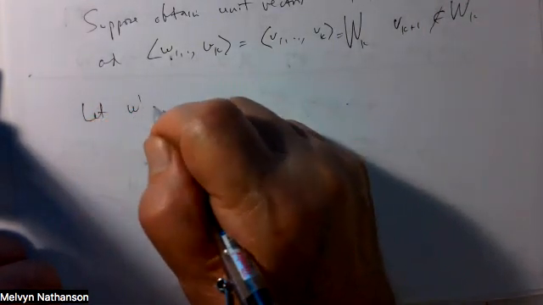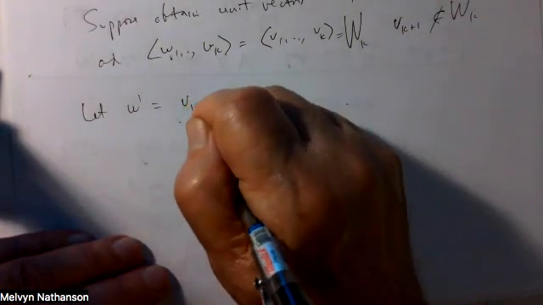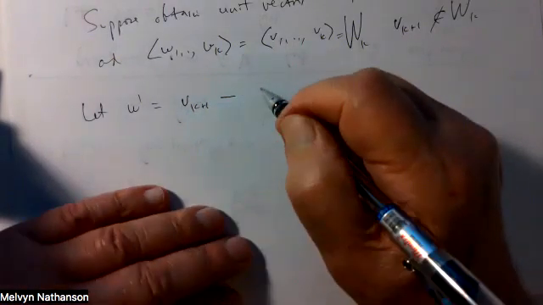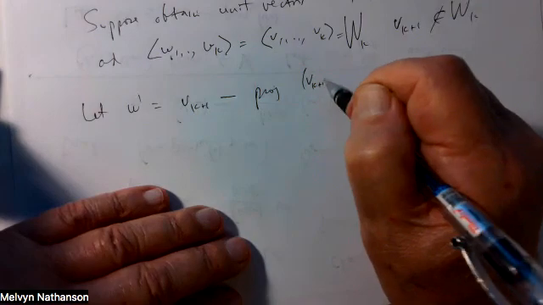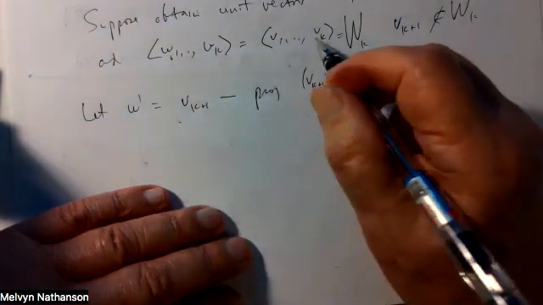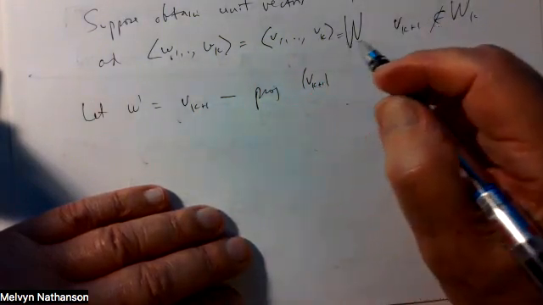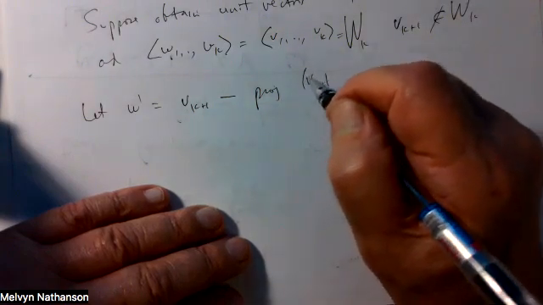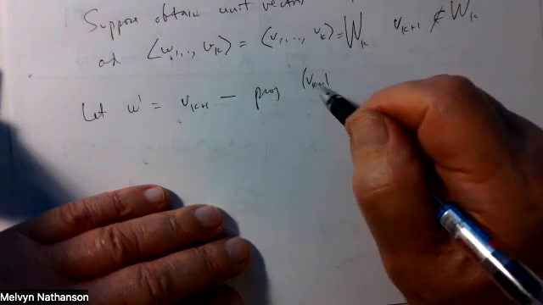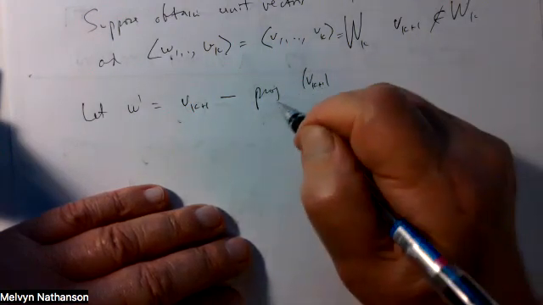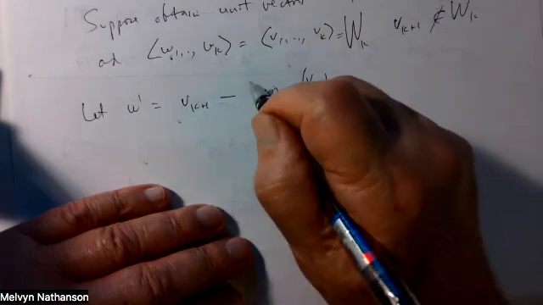And I let W prime be equal to Vk plus 1 minus the sum, i goes from 1 up to k, of the projection of Vk plus 1 in the direction of W sub i.